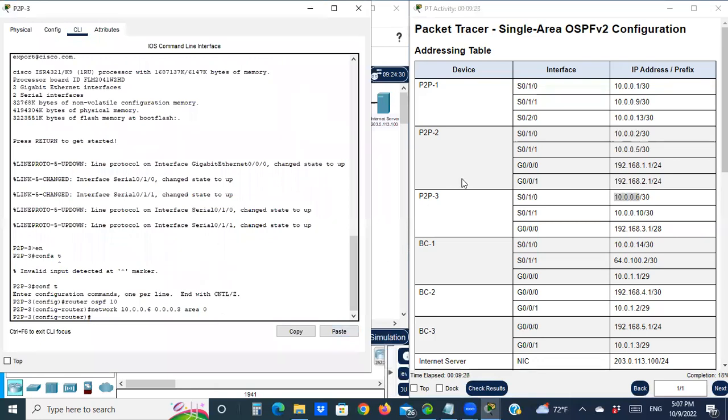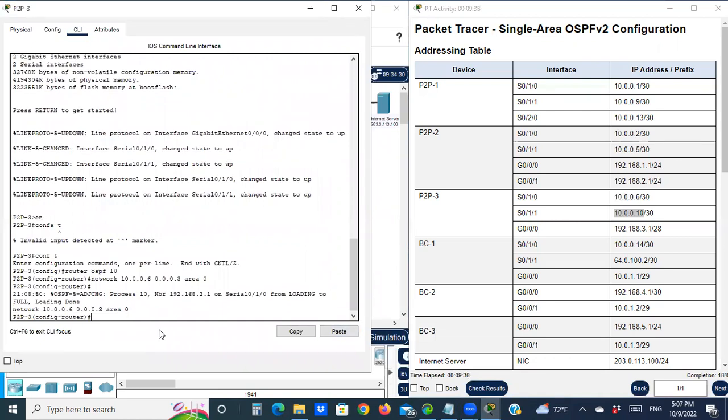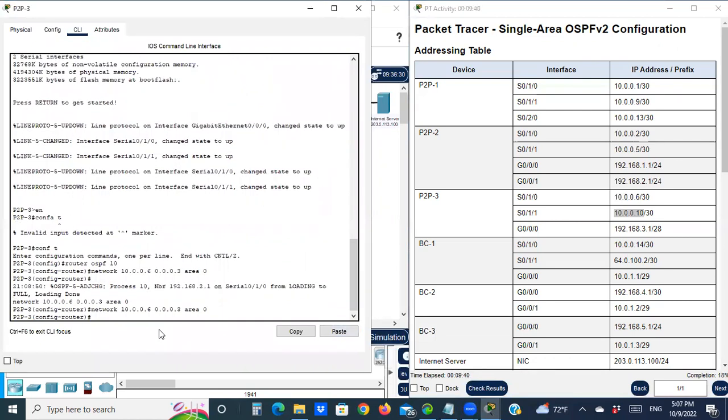The second one is 10, so let's change it to 10.